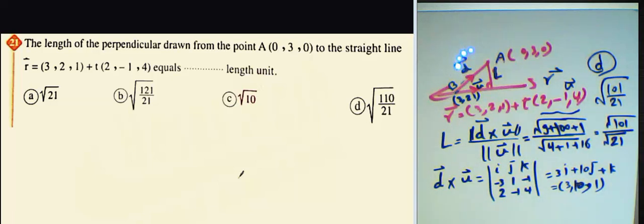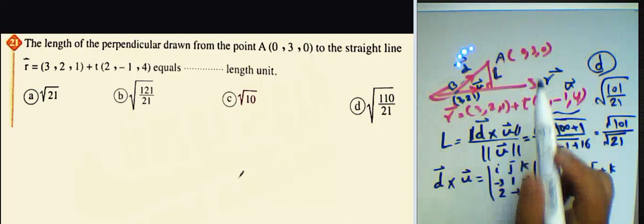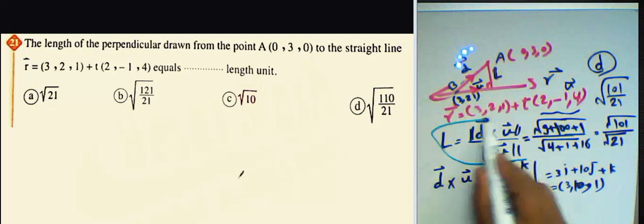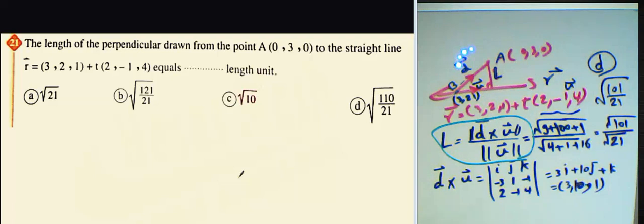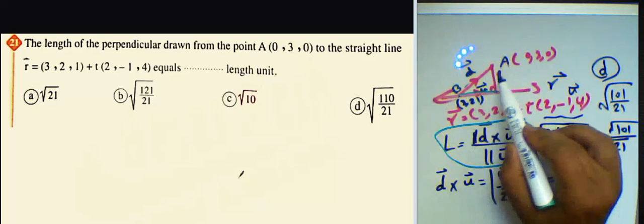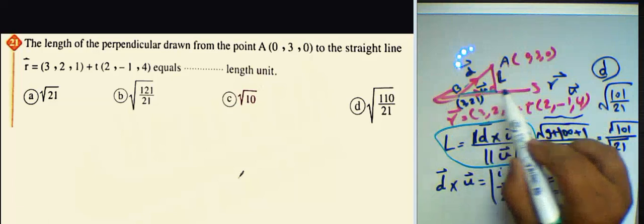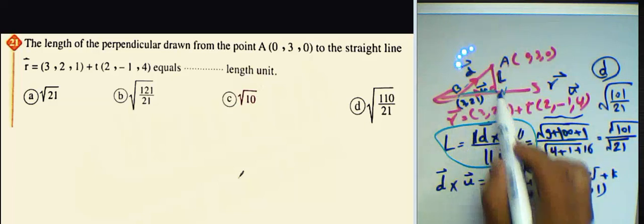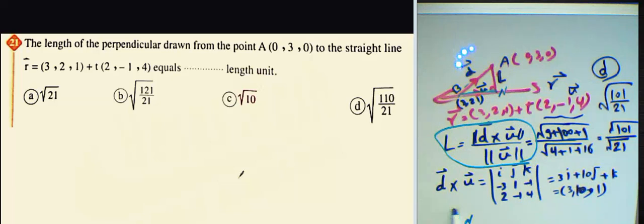Understood? So in this example, to find the length from a point to a straight line, you must find the cross product between vector D and vector U over the absolute value of vector U, using this rule to find the length. But if the teacher asks you to find the projection on the straight line, we must convert this cross sign to dot, to find the length BN.